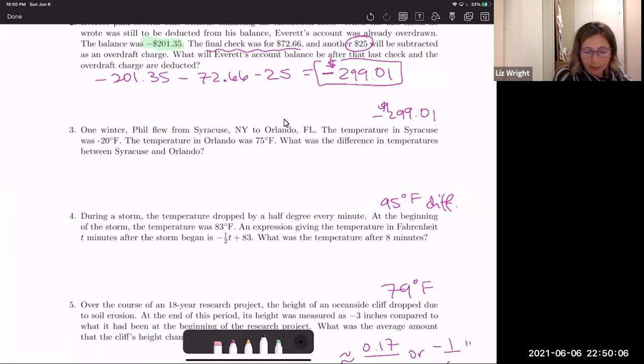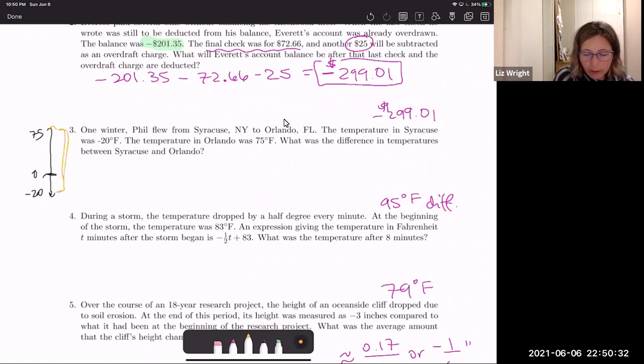So what I would like you to do is think about it almost like a thermometer. Up here would be 75, and then here's 0, and then here is that -20. This is a serious packing challenge. So you start out at -20, and it's asking what's the difference between here.